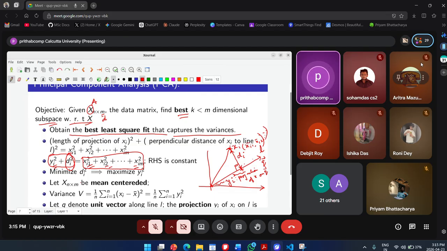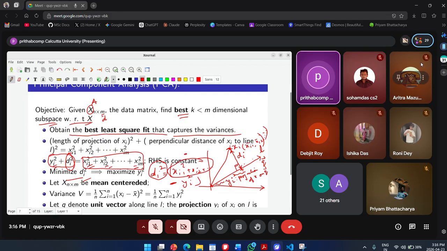Written the other way, di square is xi1 square plus xi2 square and so on, minus yi square.